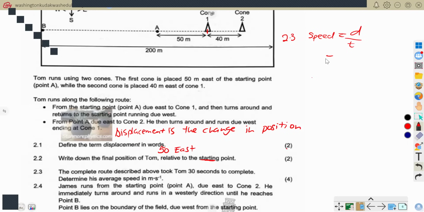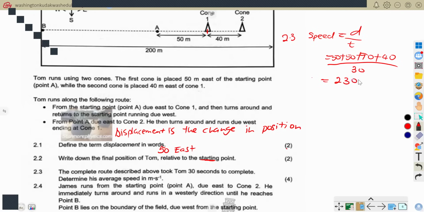So you would have your distance being 50 plus 50, plus he also moved 90 meters, that is 90 plus, and then he came back 40, that will be 40 meters. And then they're saying this total distance was covered in 30 seconds. So the total distance covered there would be 100 plus 90, which is 190, plus 40, 230.